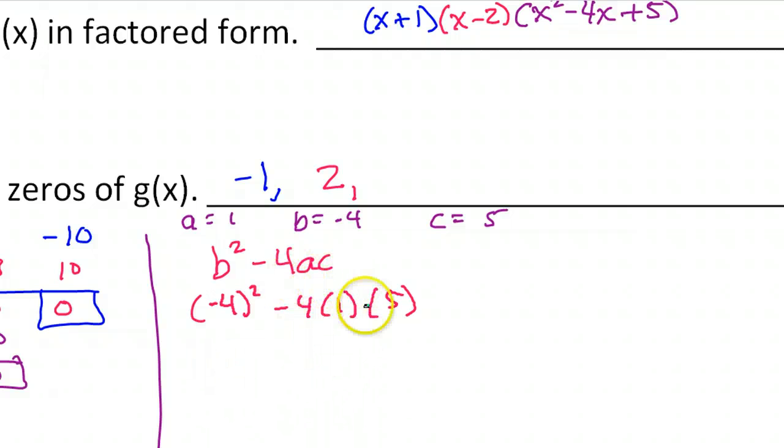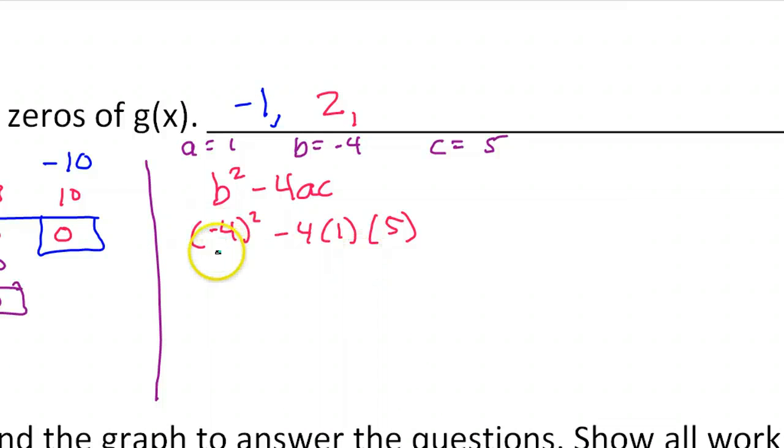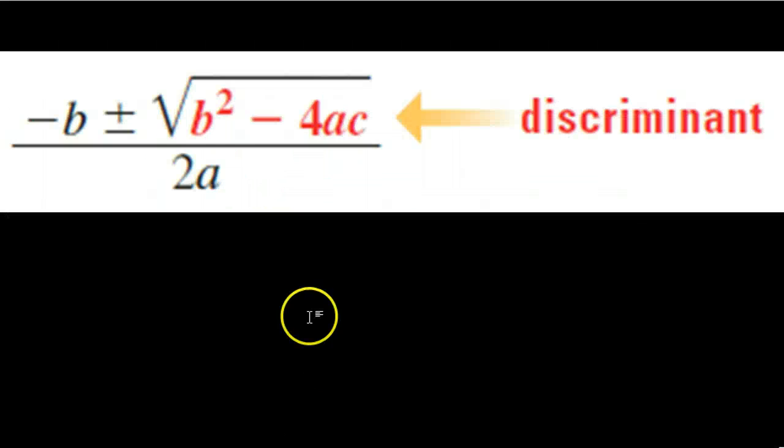I'm just showing it so no one gets confused. You should be able to evaluate this mentally: -4 squared is positive 16, and 4 times 5 is 20. So it's 16 minus 20, which is -4. We know this is going to give us imaginary solutions because we're about to have a negative number underneath the radical. So let's go on with the rest of the quadratic formula.